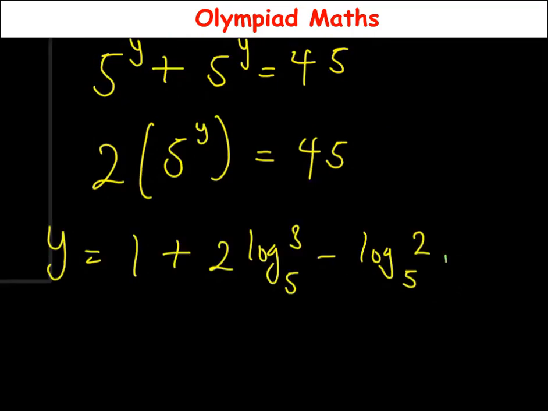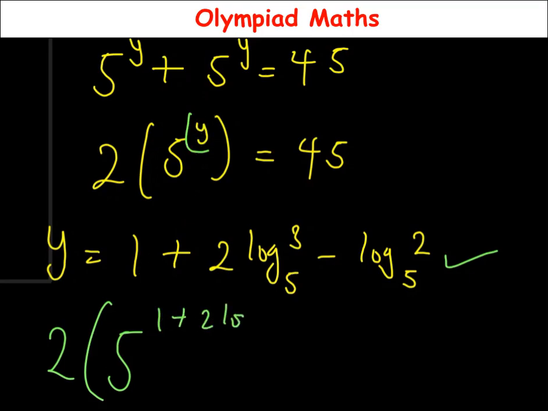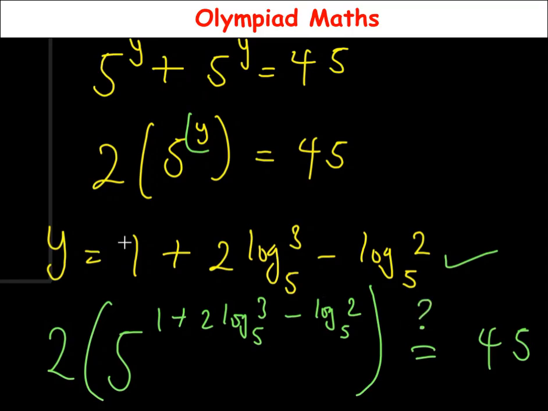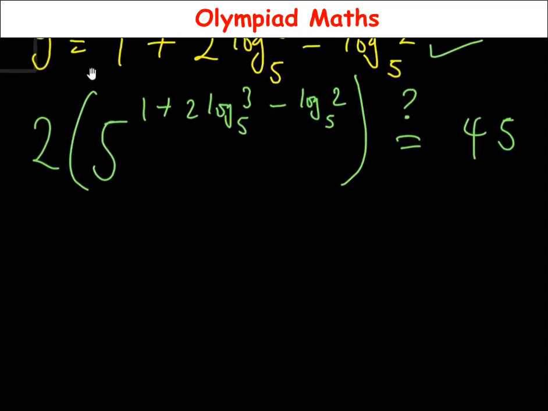Is this equal to 45? So let us confirm this, 2 into bracket.